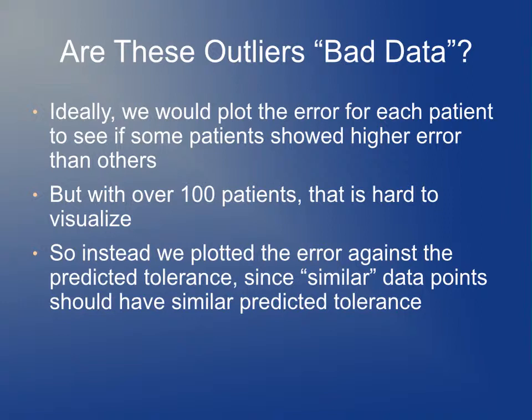So what we did is we plotted the error against the predicted tolerance, the idea being that similar data points should have similar predicted tolerance. If we see one particular predicted tolerance that has really high error associated with it, that probably indicates that all the bad data is coming from the same patient.